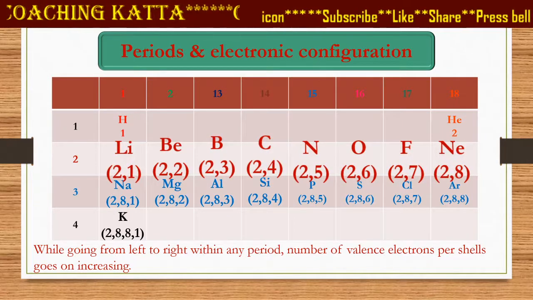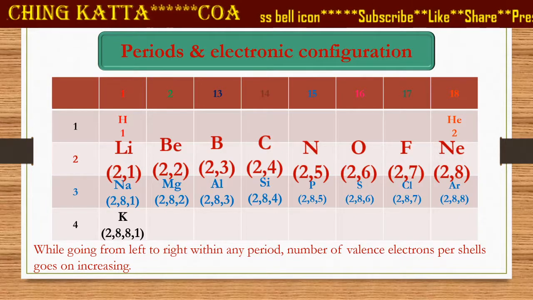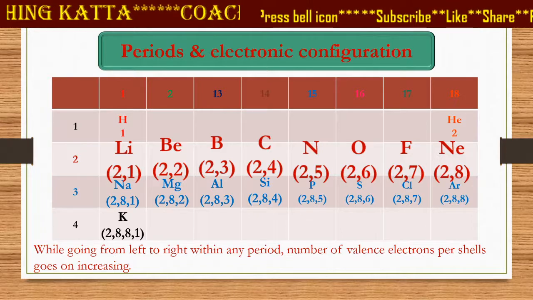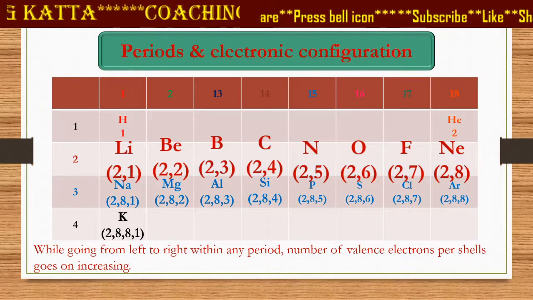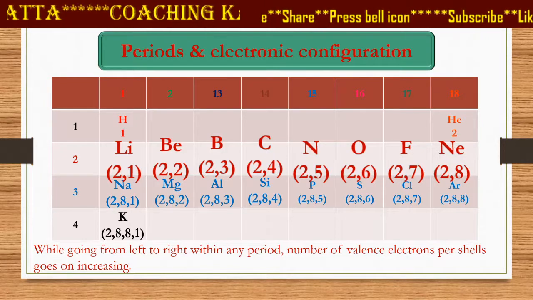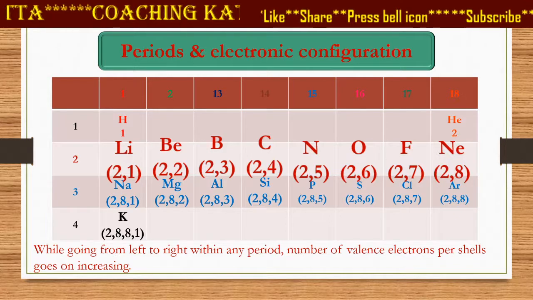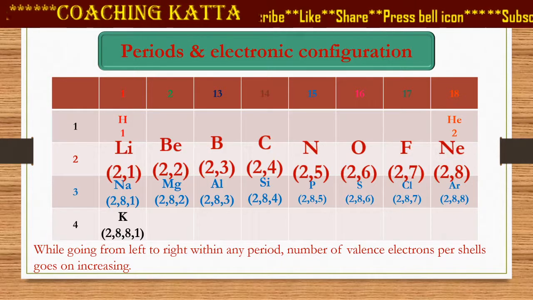See here, period number 2 is shown, and we see that the number of shells is constant. That is, period number 2 contains only 2 shells, and the valence electrons go on increasing from left to right.